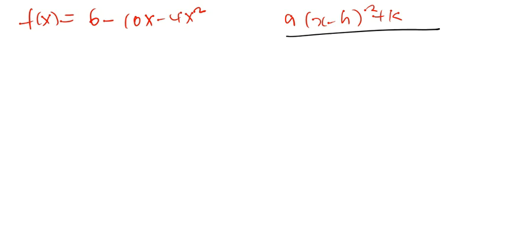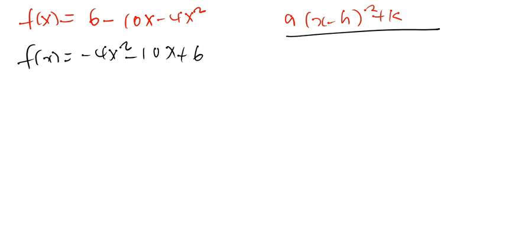So then what I'm going to do is first rewrite this. x squared has to start, so it will be negative 4x squared minus 10x plus 6.